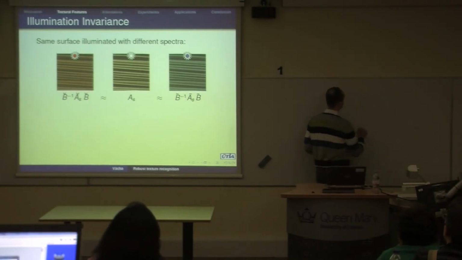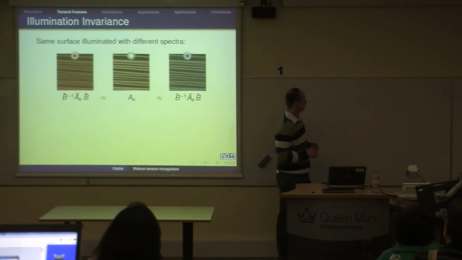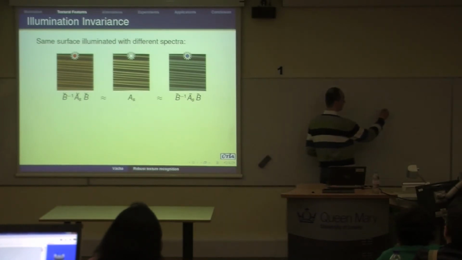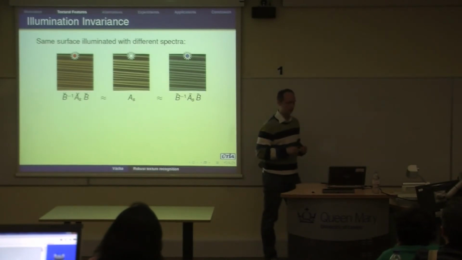So that's how the image will change if we enlight the sample with a different illumination color. And this matrix B is the same for each pixel position.